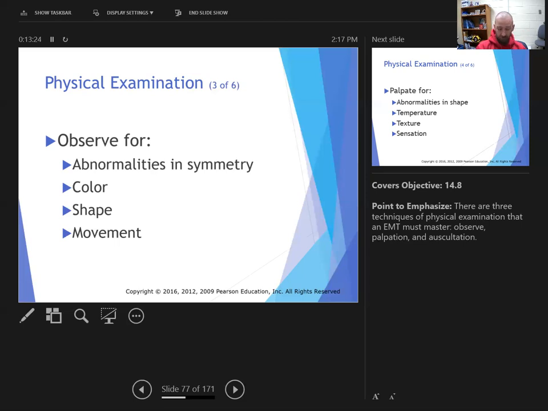We should all have an idea of what normal is, because hopefully we can all move in normal ways there. So movement is another thing to take a look at for an examination. Can you wiggle your fingers for me? How does that feel? Can you move it? How does it feel when you move it? Those type of things. So movement is good to observe for.